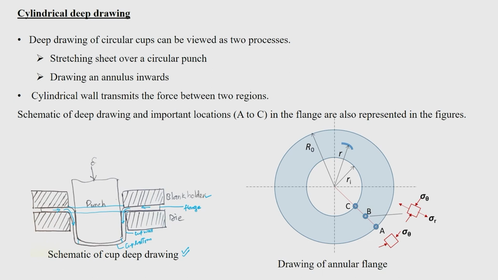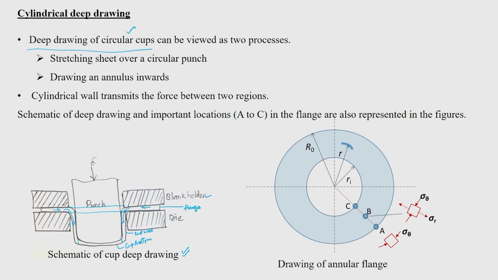Previously we have already discussed the mode of deformation, or the state of stress, in the cup wall and in the flange region. We have discussed these two cases. Okay. So I am going to divide deep drawing of a circular cup, which can be viewed as two different processes.